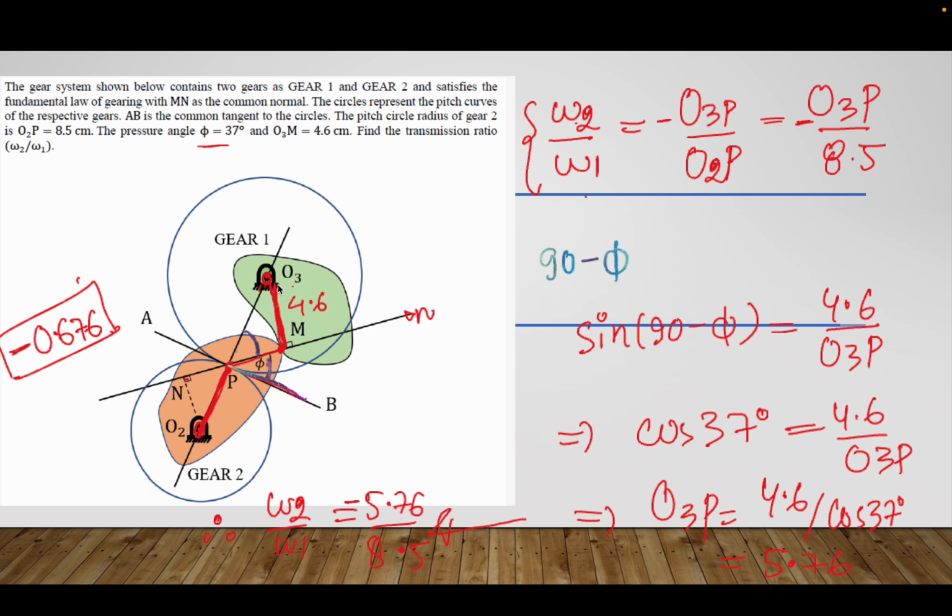You can call this omega 3 or omega 1, whatever. So that is how we arrive at this equation. You can also check it from the lectures. That is how we derive this relationship, and the rest we discussed. So it shouldn't be that difficult.